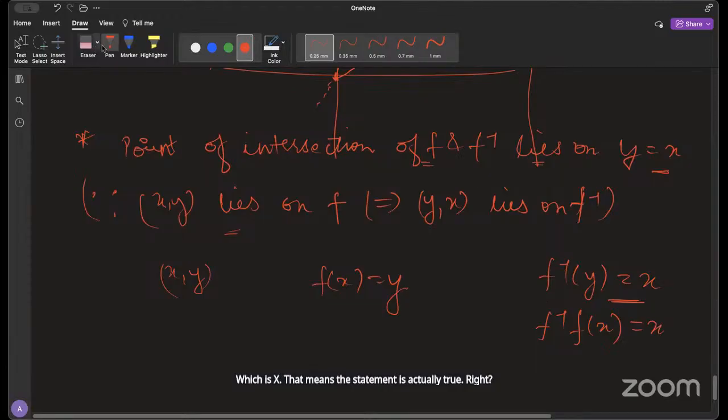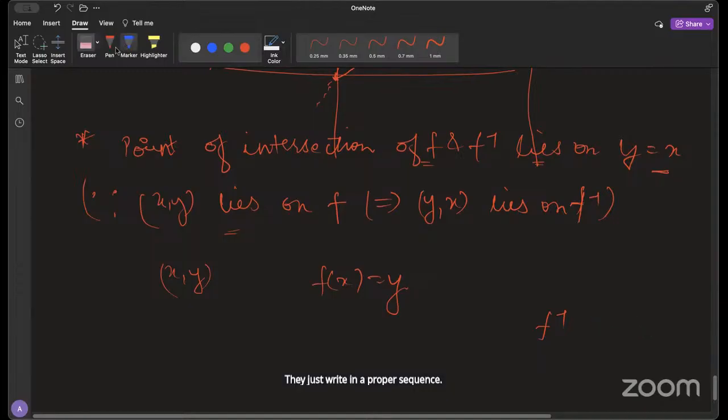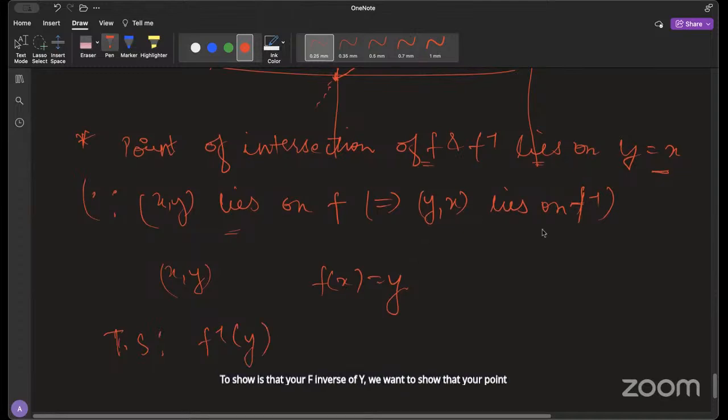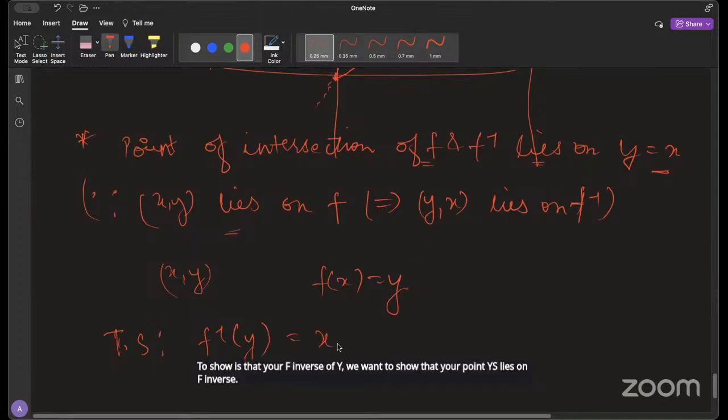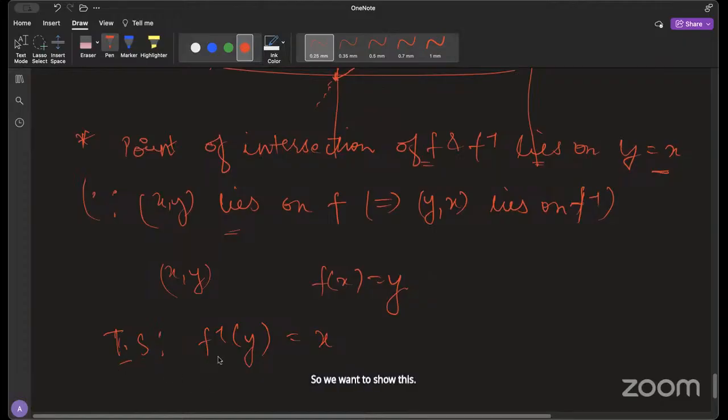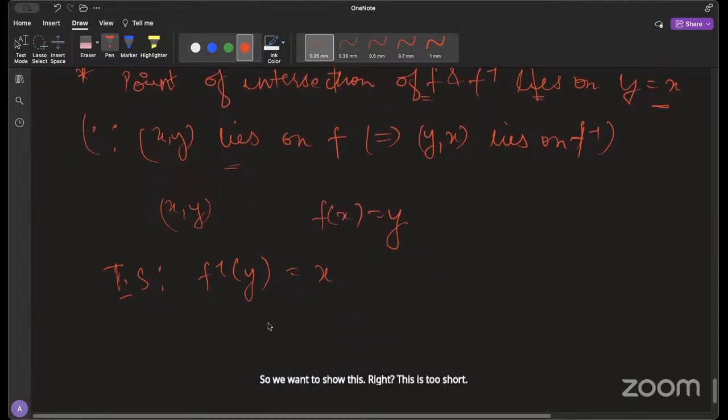Let's write it in proper sequence. f(x) equals y, and we want to show that the point (y, x) lies on f inverse.